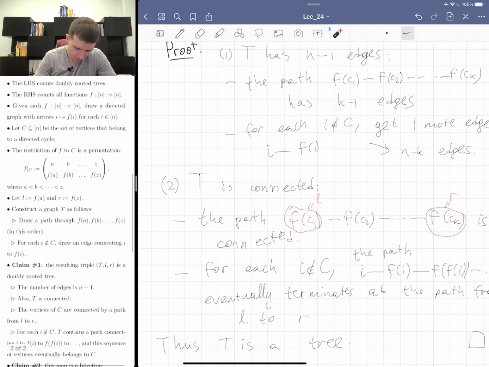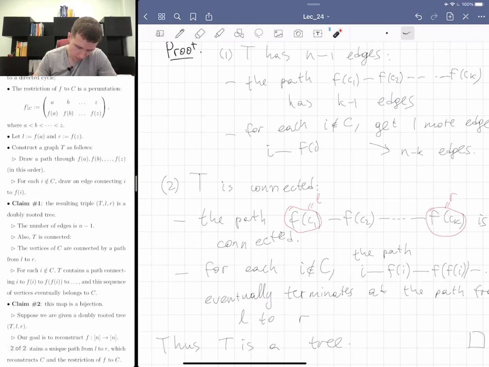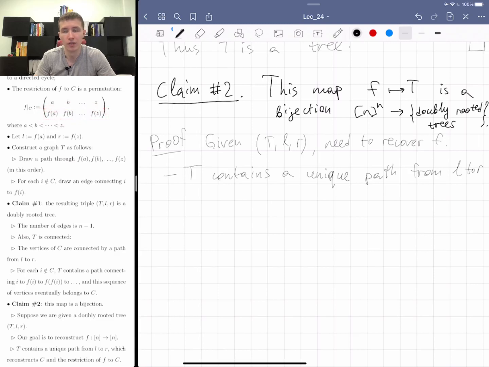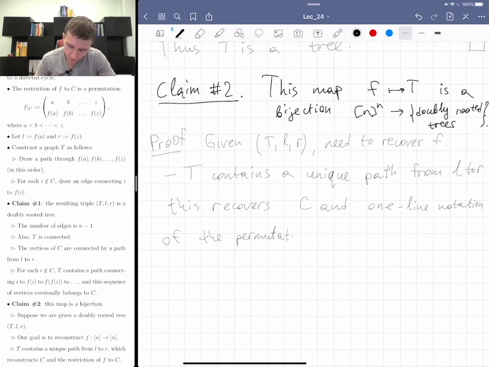So in particular, T contains a unique path from L to R, which recovers C and the one-line notation of the permutation f.